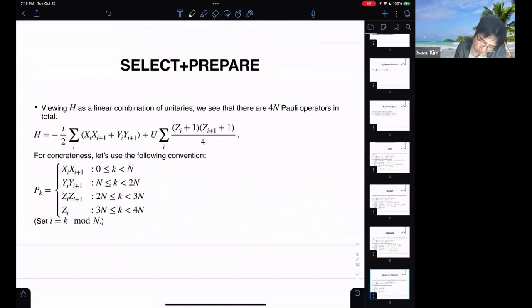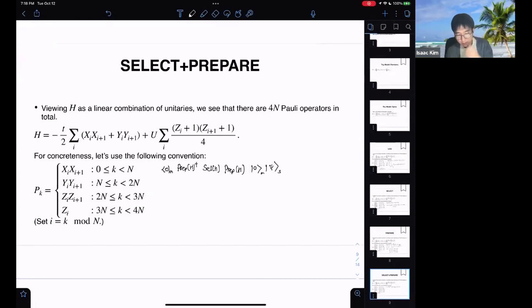So suppose we apply prep of h, select of h, and prep of h dagger, to the 0 state.